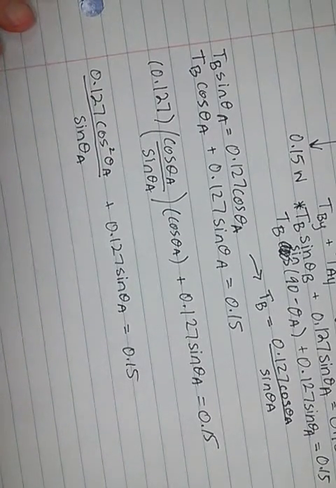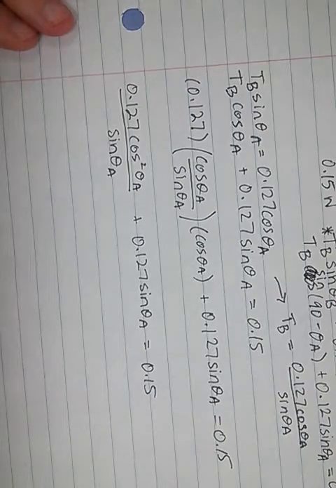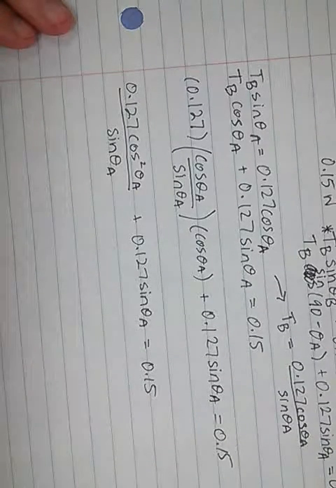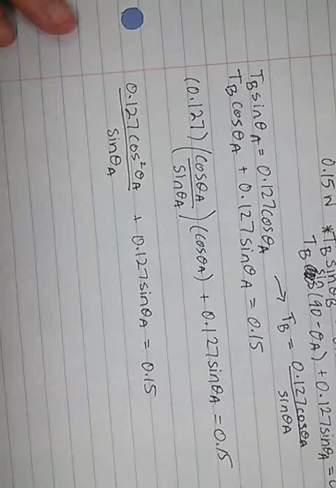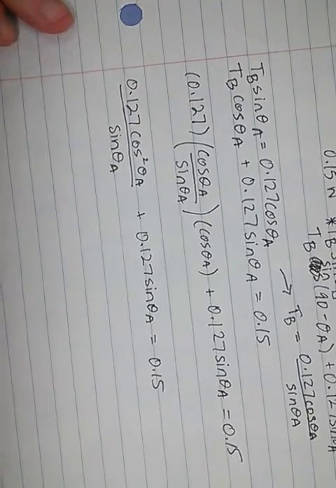Now we have to figure out what will be best in terms of actually solving for angle A. So it took me a while to figure this out, but after a while I realized that if I multiplied both sides by sine, you would end up with one of the Pythagorean identities.